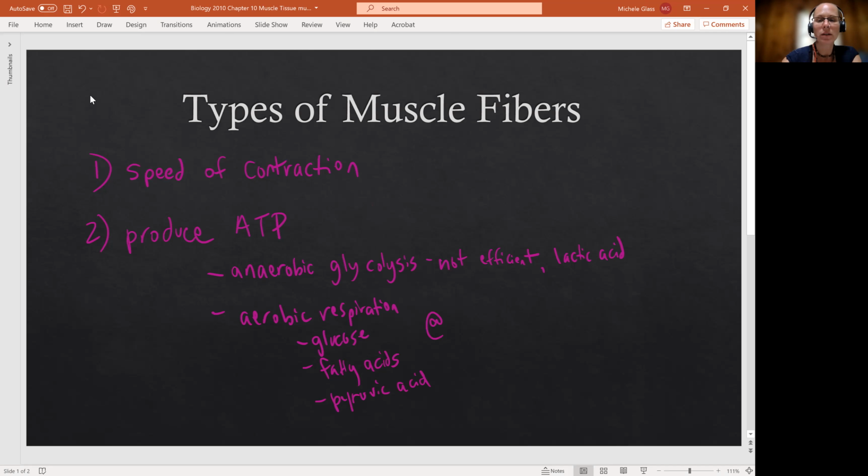And remember, this process is occurring at the mitochondria, which we talked about as being the powerhouses of the cell, right? And the other feature is aerobic respiration. Aerobic means with oxygen, anaerobic means without oxygen.